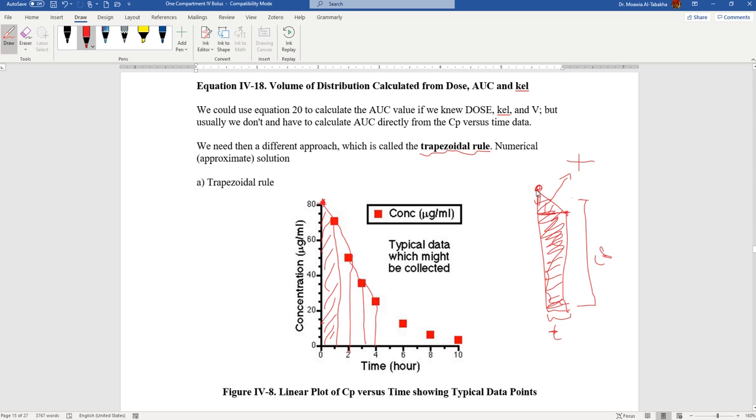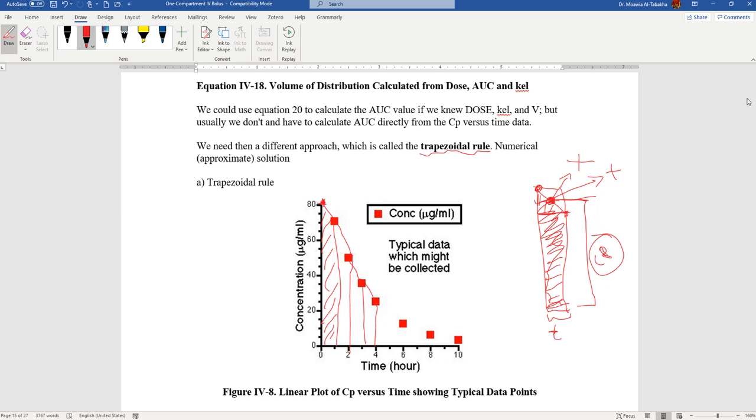And if you use this one, the area you calculate has this as extra, meaning you are calculating a larger area. So instead, we use the average concentration: this CP plus this CP divided by 2, and we will get it somewhere here. This is the concentration that we are going to use as CP.